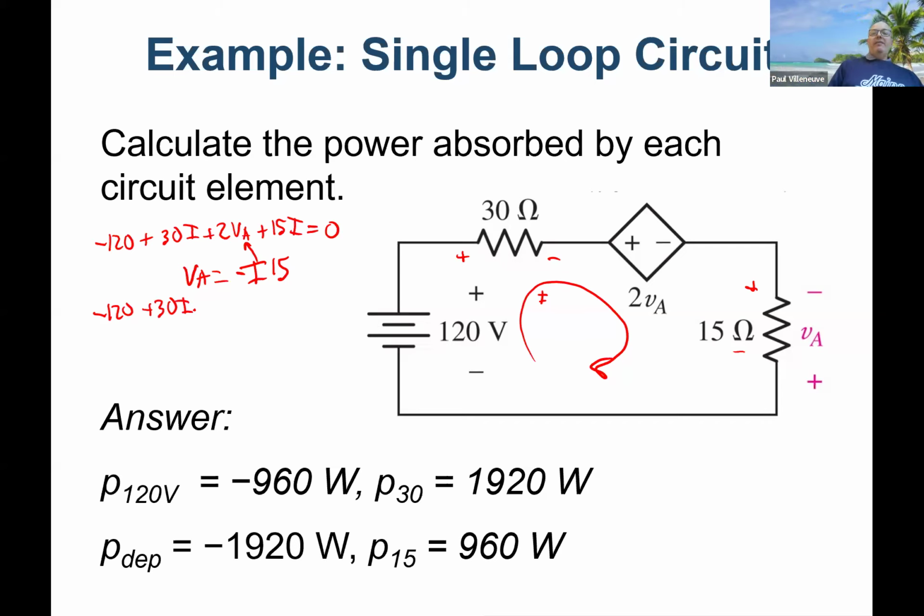And if I plug in VA, which is negative 15I, into that VA there, I get 2 times negative 15I, which is minus 30I, plus 15I equals 0. Now I have one equation, one unknown, and I is equal to 120 over 15, which equals 8.